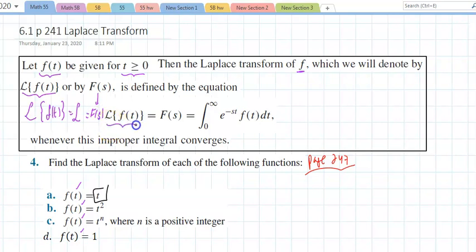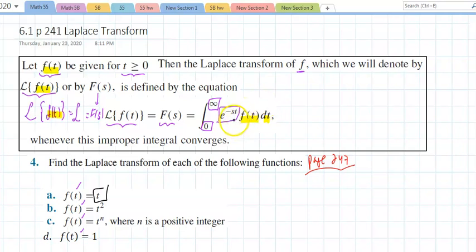So the Laplace transform, which is F of s, is the integral from 0 to infinity of e to the negative st, multiplied by this function that you are trying to find the Laplace transform for, dt.